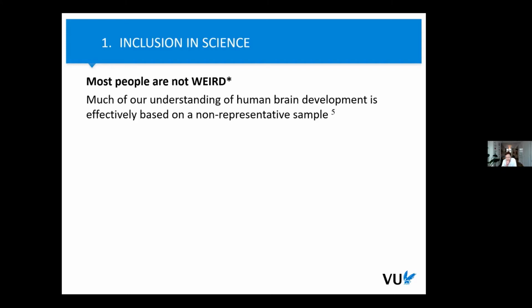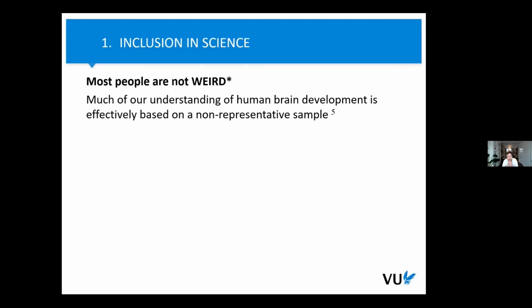So the first example, inclusion in science, is interesting because if you think about it, most research happens in Western, educated, industrialized, rich, democratic countries, or WEIRD countries. And there's this nice research article titled "Most People Are Not WEIRD."